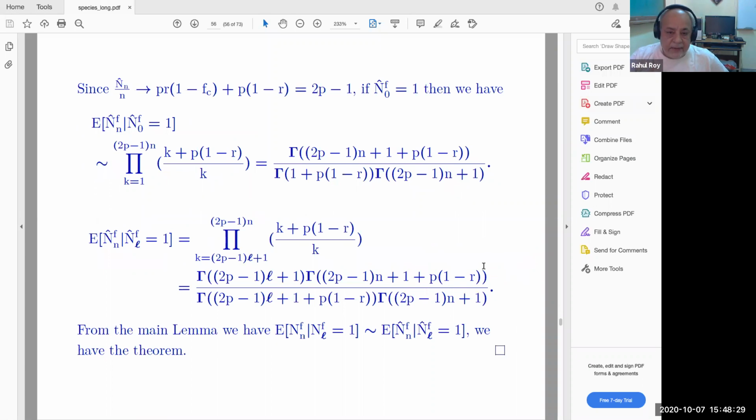And then we know that n hat n by n goes to, this is the strong law result, 2p minus 1. In the case n0 f equal to 1, therefore what we get is this expectation, given that at time 0 there was an individual at f, is this quantity.